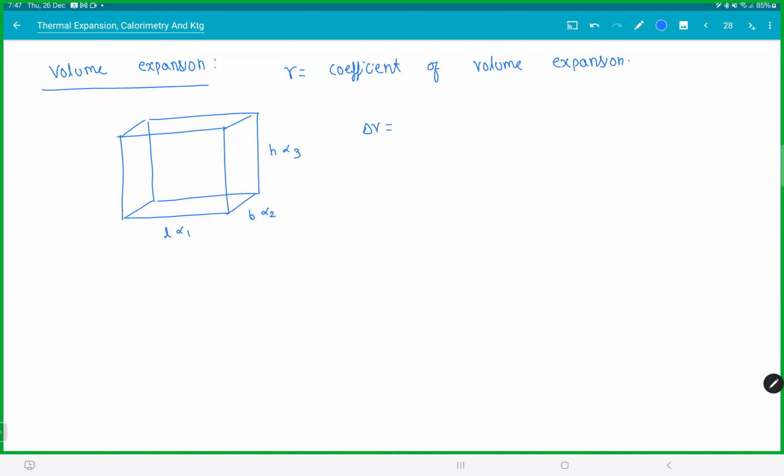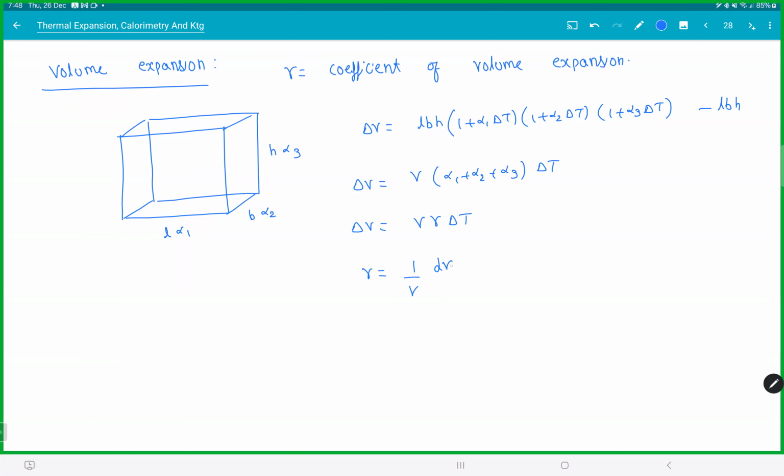So we get the change in volume: V final is equal to LBH into 1 plus alpha 1 delta T, 1 plus alpha 2 delta T, 1 plus alpha 3 delta T. Now neglect all the higher power terms, you end up with delta V is equal to V into alpha 1 plus alpha 2 plus alpha 3 into delta T. This can be written as delta V is equal to V gamma delta T. So we can say gamma is 1 by V dV by dT. And gamma's value is given by alpha 1 plus alpha 2 plus alpha 3. If it's an isotropic material, all are equal, then gamma will be 3 alpha. Quite a useful one.